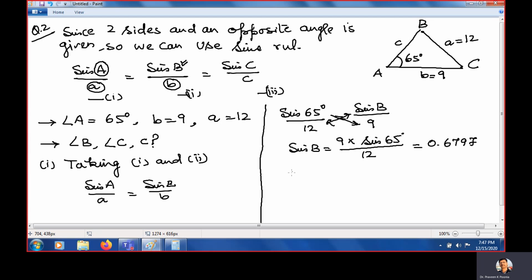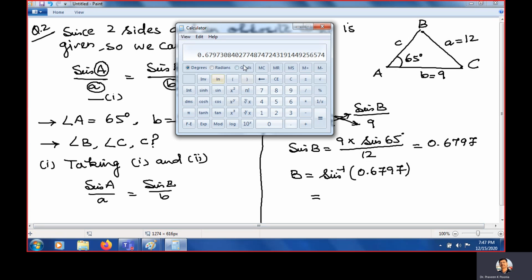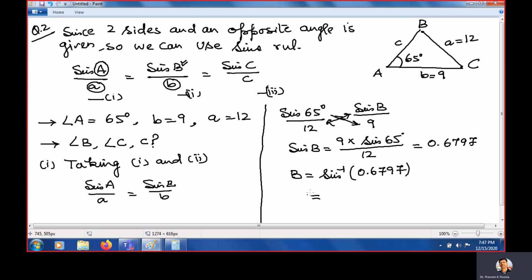Now taking the inverse, B is equal to sine inverse 0.6797. And if you take the inverse of this value, this is the value. Now look, sine inverse is coming. How much is it? Using sine inverse, 42.8 degrees. This you can do.